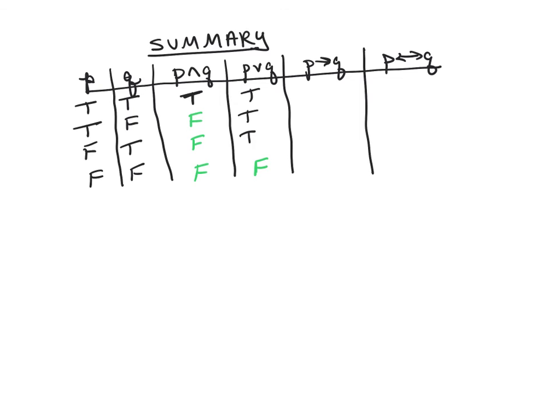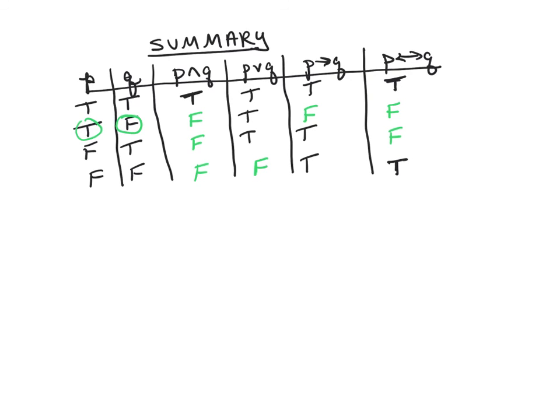A conditional is false when the antecedent is true and the consequent is false. Otherwise, the conditional is true. And a biconditional is true when P and Q have the matching truth values. Otherwise, the biconditional is false.